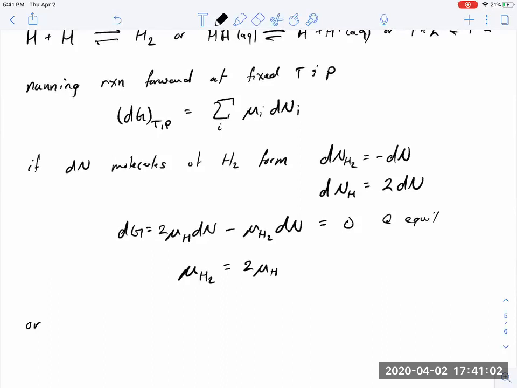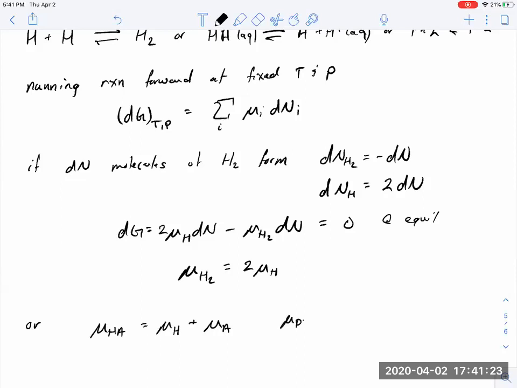Similarly, for other contexts like acid-base dissociation, the chemical potential of the associated acid at equilibrium must be equal to the sum of the chemical potential of the excess proton plus the conjugate base.